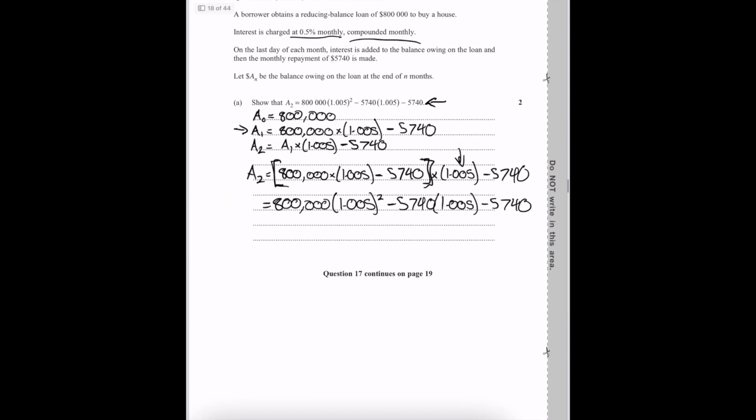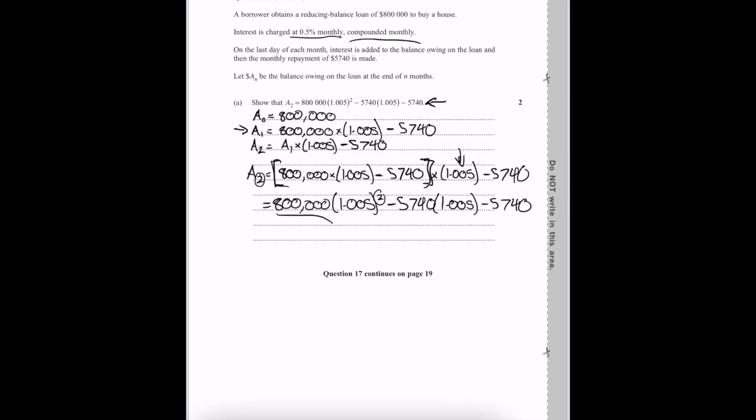And to solve this, what we need to see is a developing pattern in the way that the amount is constructed. So we can see that, if we follow the rules of A2, what we have is this 800,000 being multiplied by the 1.005, and the power is 2, which is, I guess, matching what we had over here.